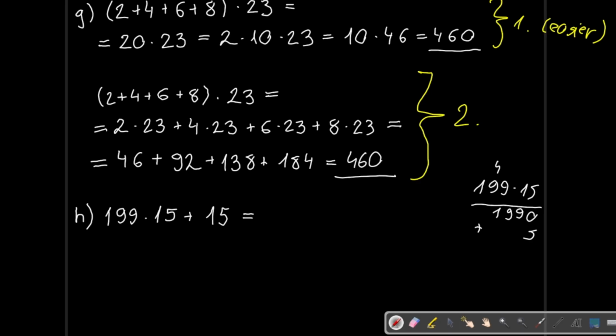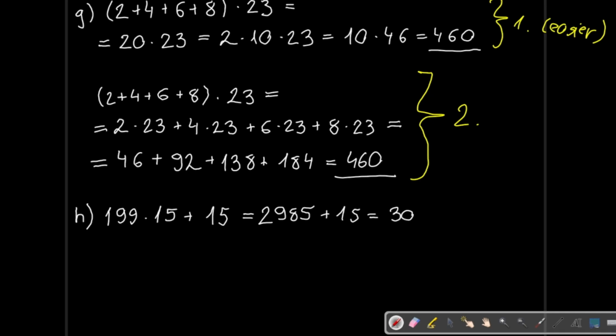Times 9 here, 5, 8, 9, 2. So we have 2985 plus 15. After doing the column multiplication, the sum of these two terms is equal to 3000.